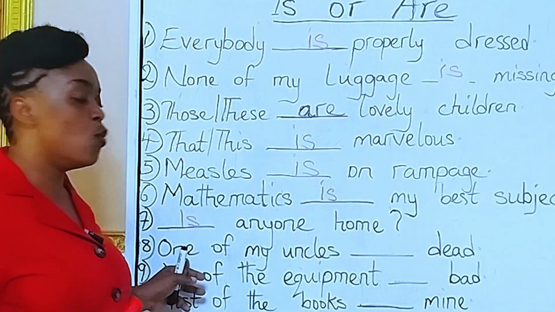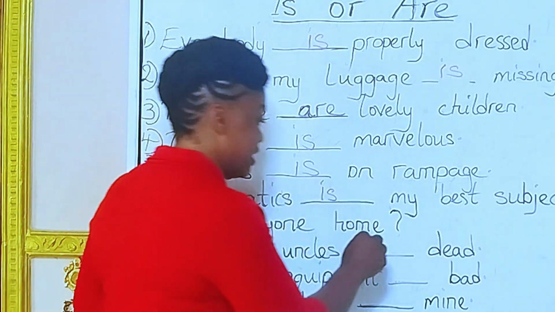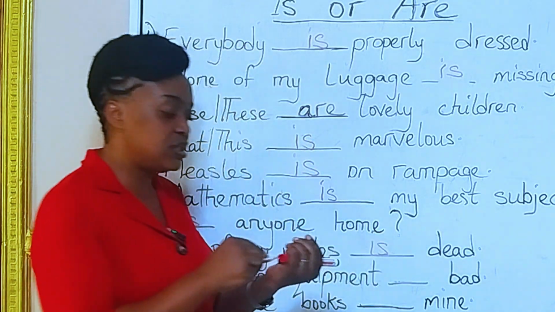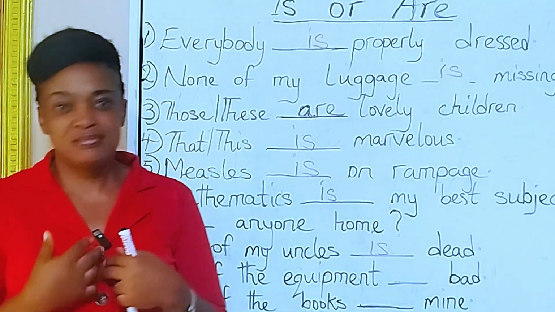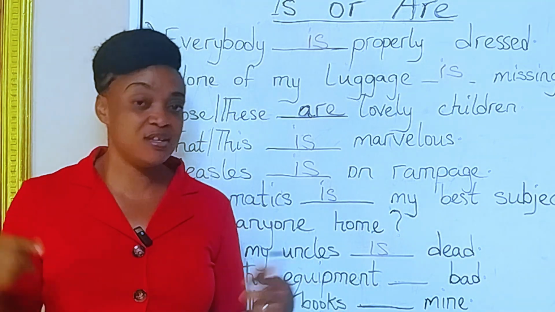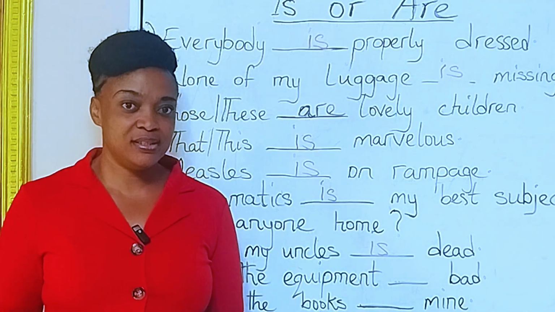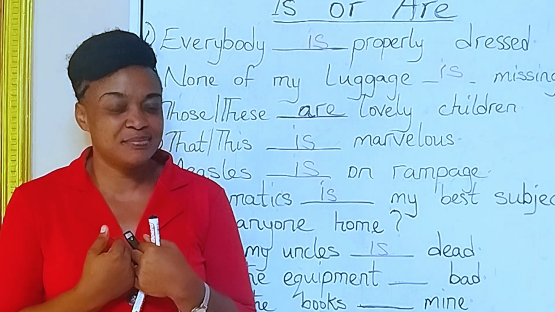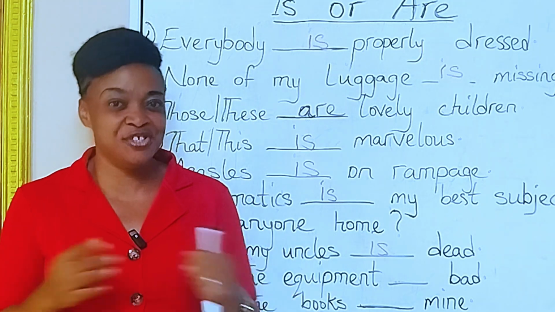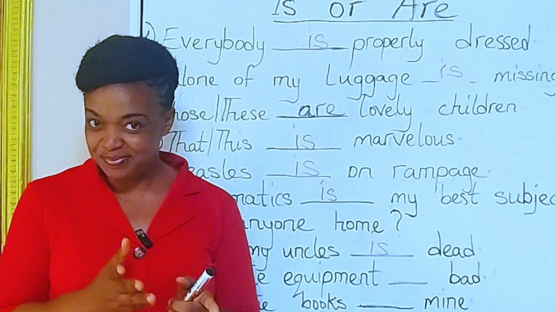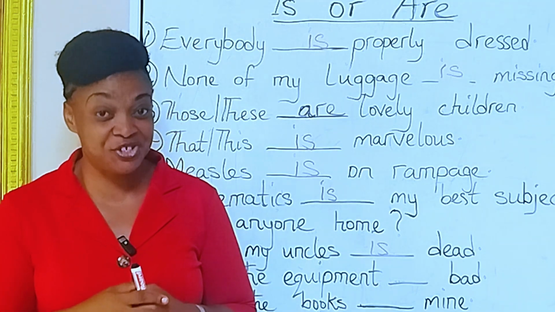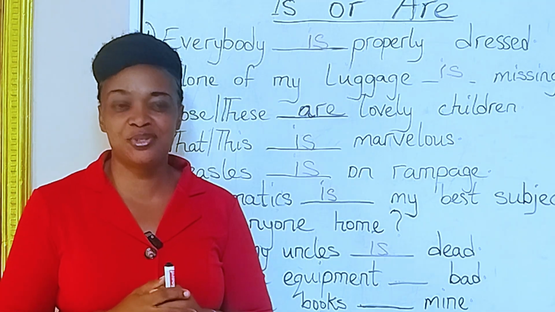So we say, one of my uncles is dead. You don't say, one of my uncles are dead. One of my brothers is abroad. One of my sisters is a teacher. One of my mothers is in church. That's how to say it.